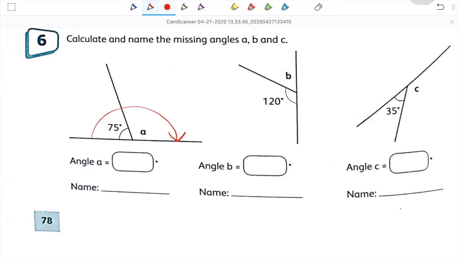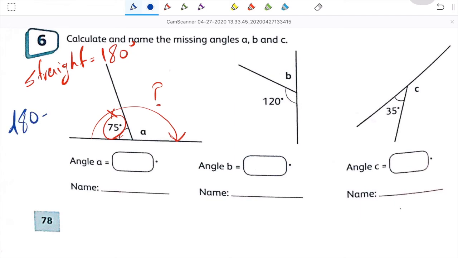So about any straight angle, you already know that they are 180 degrees. So once you have this 75 degree here, and if you want to find the remaining part here, all you need to do is subtract this angle from 180. Therefore, we will have 180 minus 75 degrees, which is going to give us 105 degrees. So angle A is 105 degrees, which we call an obtuse angle.